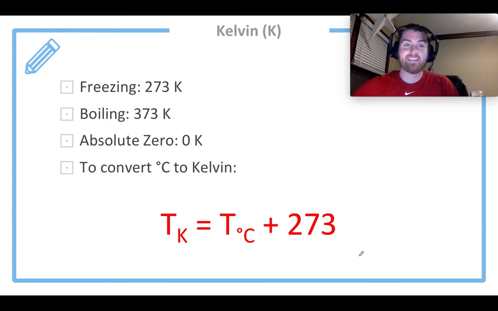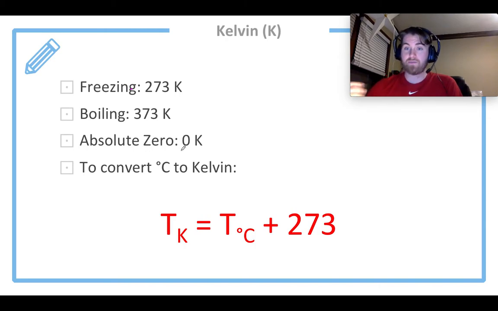The freezing temperature of water is 273 Kelvin. The boiling temperature of water is 373 Kelvin. Immediately, that's a 100 Kelvin difference. You should be thinking then, Kelvin is based off the Celsius scale. It's not the Fahrenheit scale. And then we have absolute zero, which is 0 Kelvin. And we'll get a little bit more into that in a second.